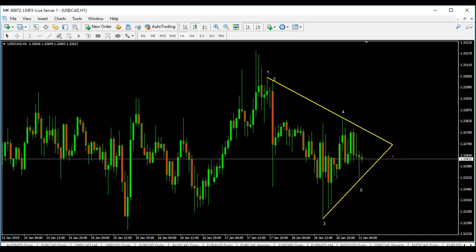You guys tell me in the chat, which one of these points do I need to measure from to find the amount of pips? Do I need to measure from point 1 down, 2 down, 3 up, 4 down, or 5 up? Dolores says 3 up. Pi says 3 up. Brett says 3 up. Muniru says 3 up.